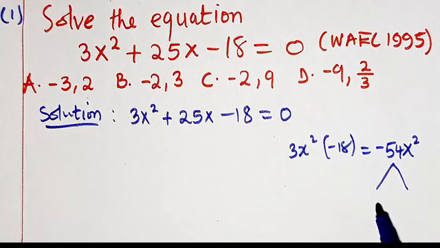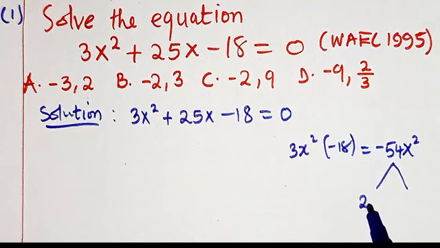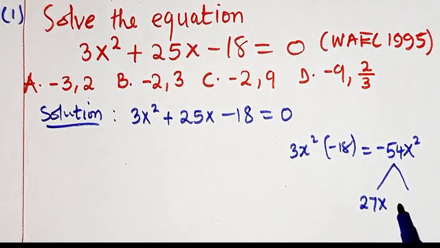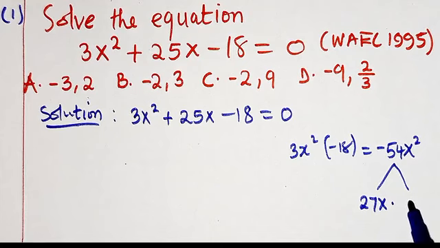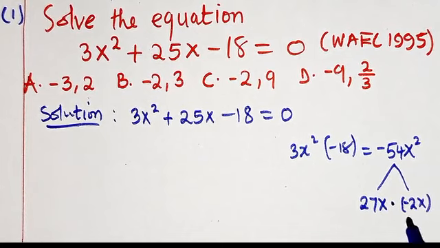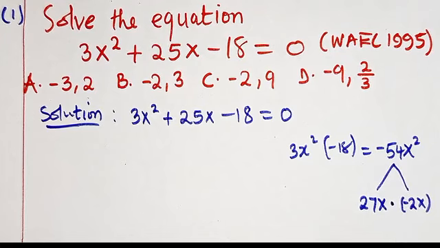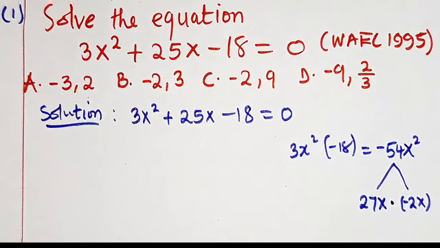If I have 27x here and I multiply it by minus 2x, you see that this is going to give me minus 54x squared, right?